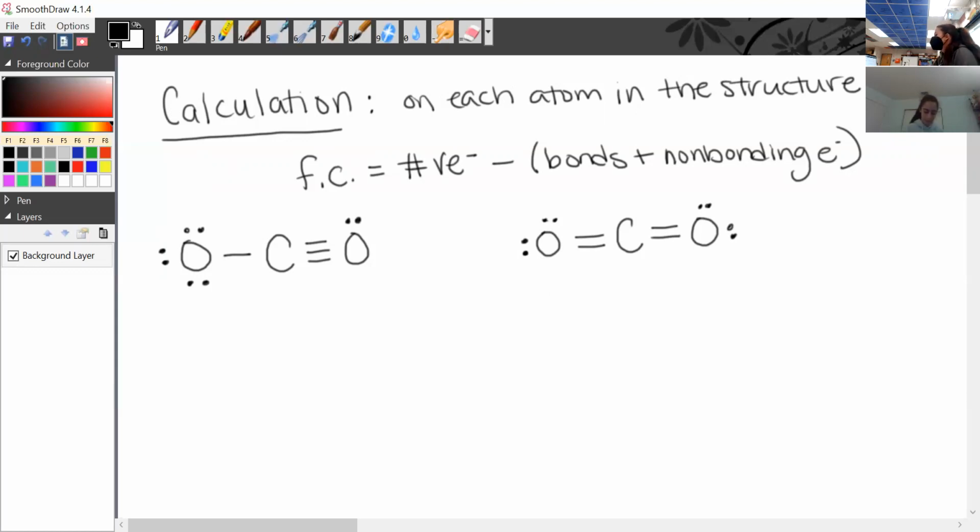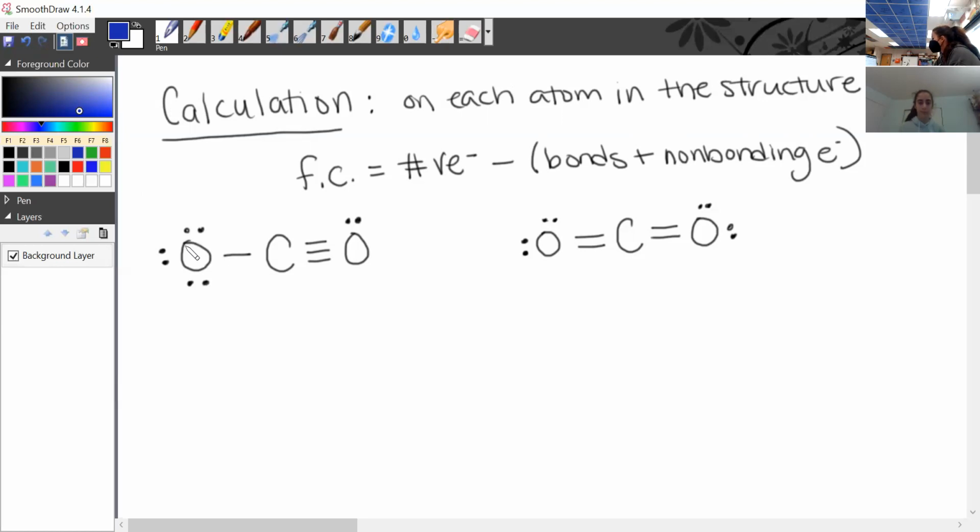Okay, so now let's calculate formal charge, all right? So what you do is you look at each atom in the structure. I'm starting off looking at this oxygen right here, and watch my pencil marks, you guys, because that's going to help with your counting. In my head, I ask myself, how many valence electrons does oxygen have? Oxygen's in group 6, so it has 6 valence electrons. So in my head is 6.